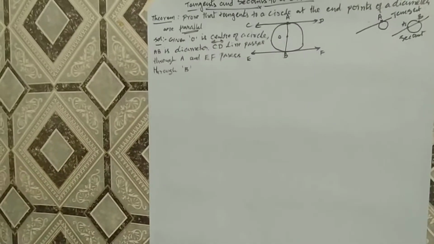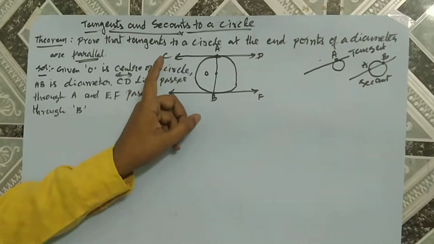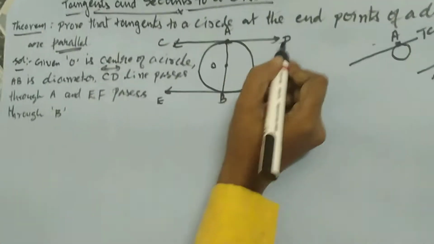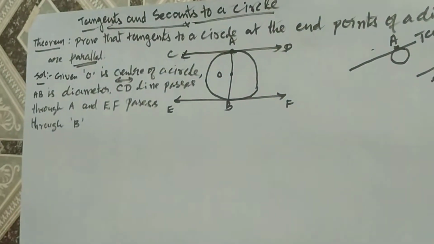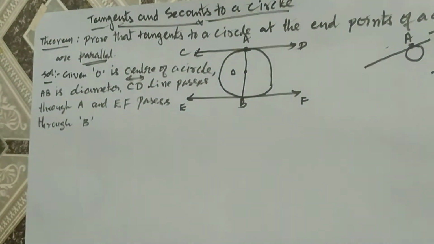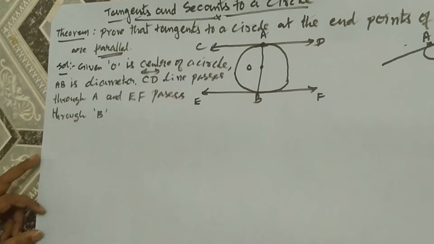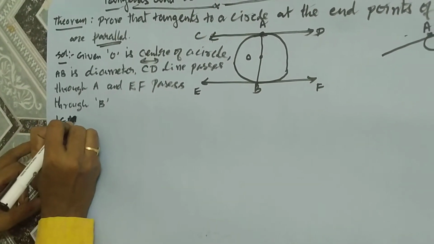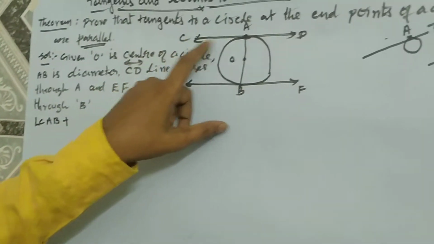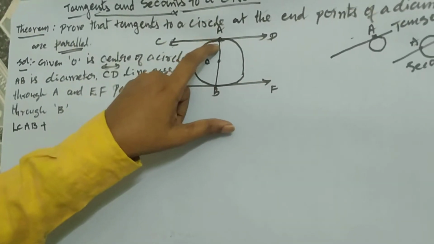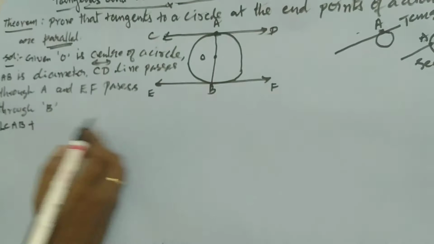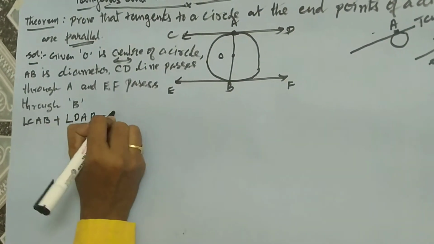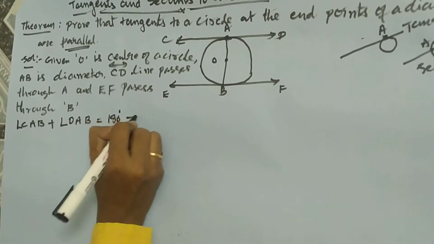So when it passes through A, CAB and DAB are both linear pairs. Angle CAB plus angle DAB, the linear pair of angles, is equal to 180 degrees.